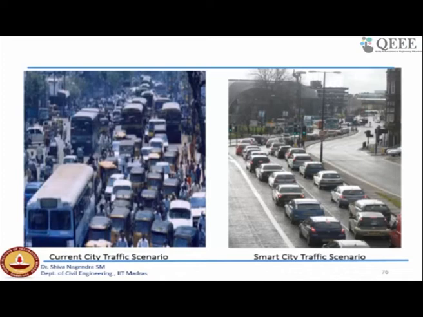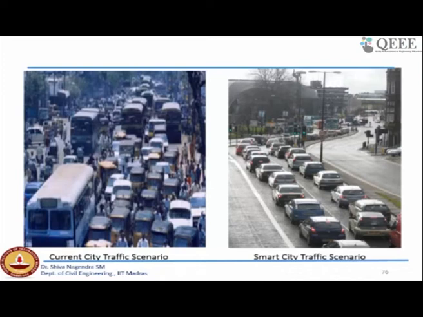So you may notice that the volume will be very high, but the emissions will also be much higher, because all these vehicles are subjected to stop and go operations. Sometimes because of the congestion, there will be a significant amount of emissions. Hence, you will have more air pollution problems associated with vehicles.